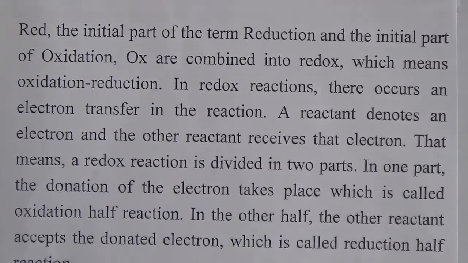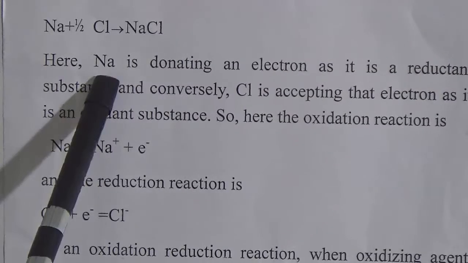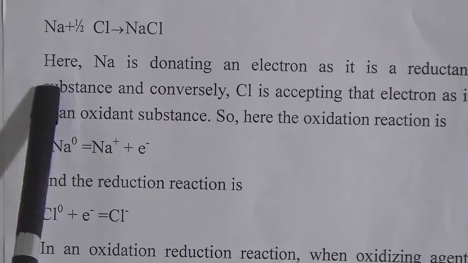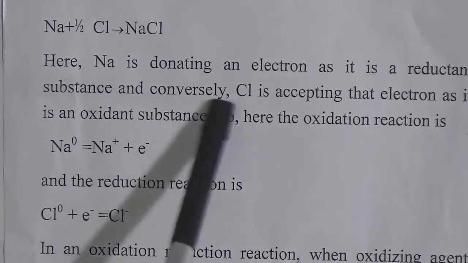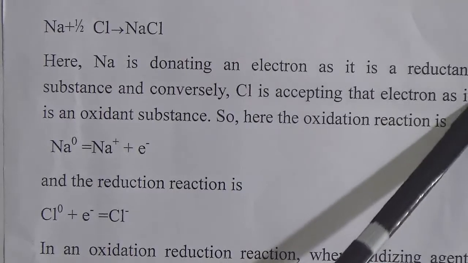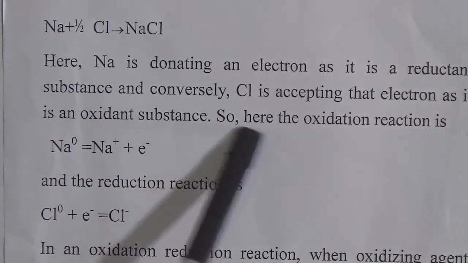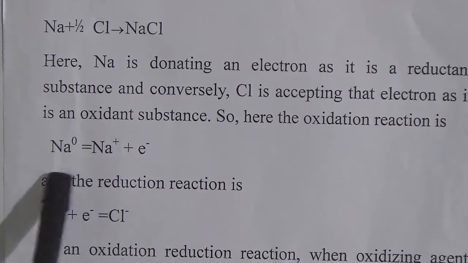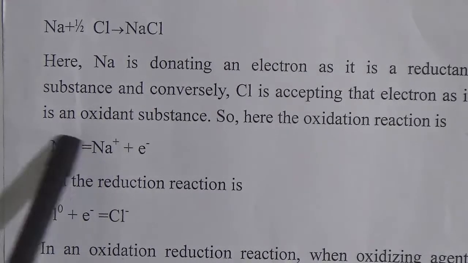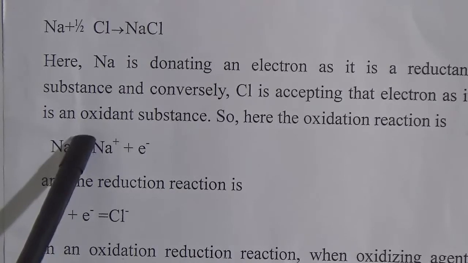Here sodium plus half mole of chlorine produces sodium chloride. Here sodium is donating an electron as it is a reductant substance, and conversely chlorine is accepting that electron as it is an oxidant substance. So here the oxidation reaction: sodium when it was free metal, that time the oxidation number was 0.